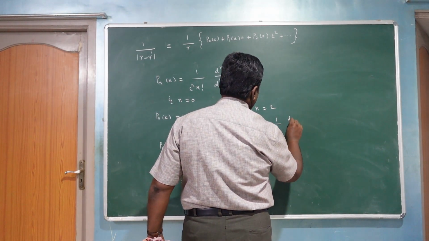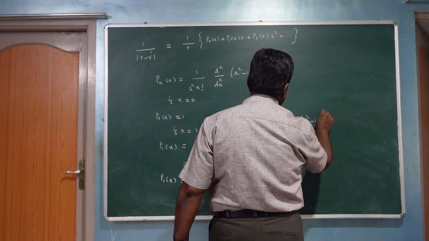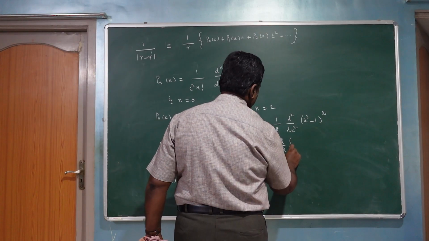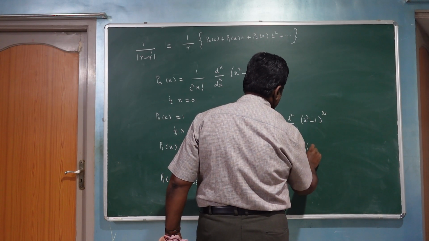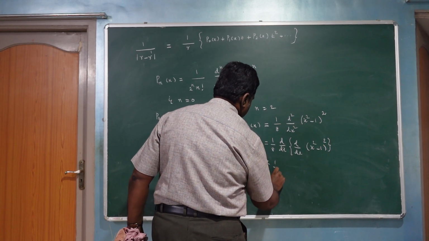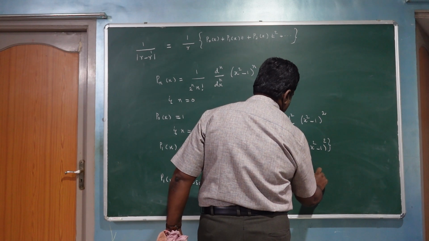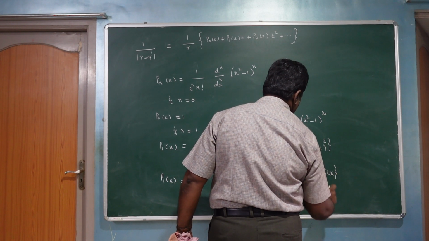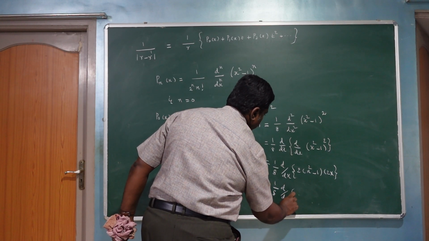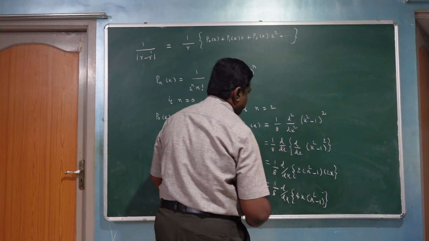So 1 by 8 d square by dx square of (x square minus 1) whole square, which is equal to 1 by 8 into d by dx of 2 into (x square minus 1) into 2x, which is equal to 1 by 8 into d by dx of 4x into (x square minus 1).